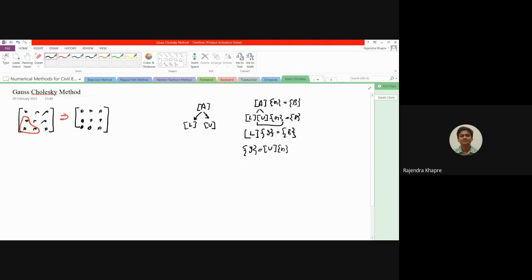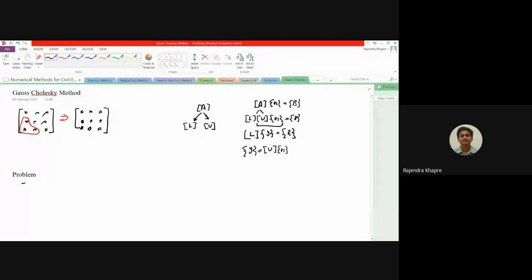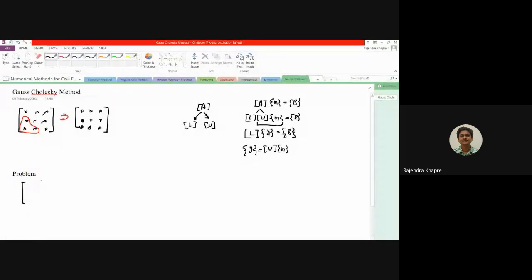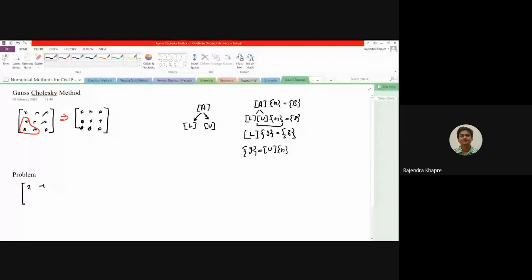Can you give me any of the problems which we have solved earlier? Maybe just a 3 by 3. Just give me the values please. This is 2, minus 1, 3.